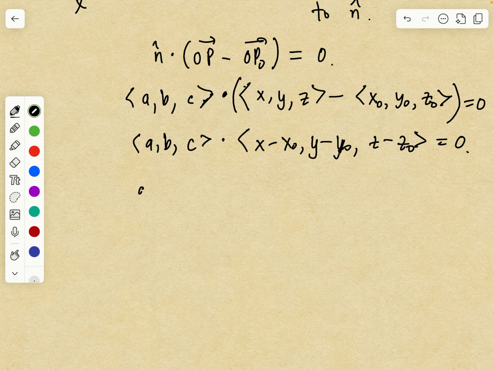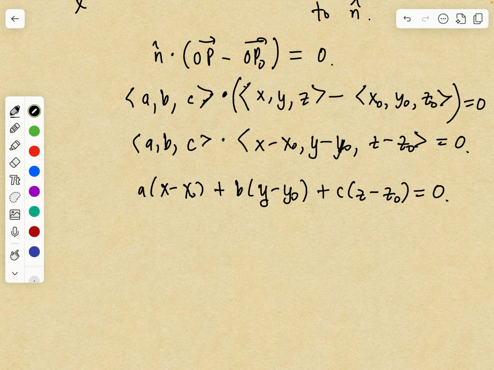What's the dot product? You just multiply the components and add them together. So it's a times (x minus x0) plus b times (y minus y0) plus c times (z minus z0) should be 0. And we can distribute this even more, and you get ax minus ax0 plus by minus by0 plus cz minus cz0 equals 0.